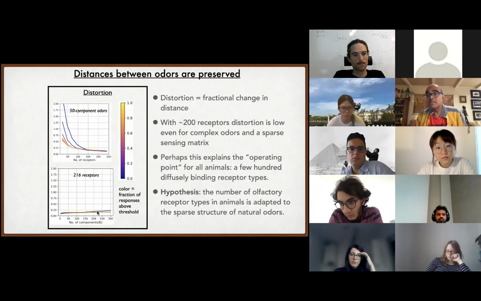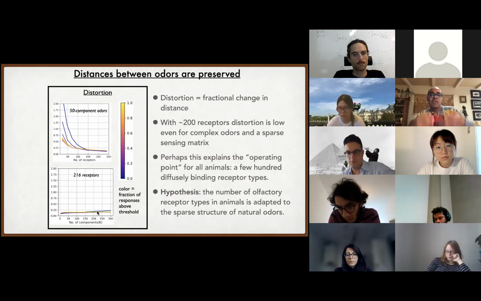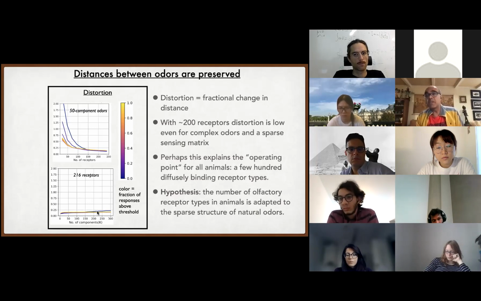So that suggests that in the regime of complexity of natural odors, given the sparsity natural odors have in odor space, a few hundred receptors is going to be sufficient for encoding all of the information. It's enough.